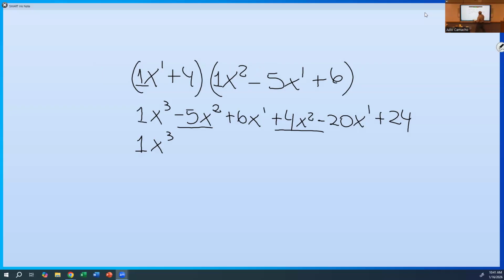So who is greater, -5 or 4? -5, if 5 is greater than 4, the answer will be negative. And then you subtract: -5 plus 4 will be -x squared. And you can put a 1 if you want. If you put a 1, you don't make any change in the equation. Because if you multiply or divide any number by 1, it is?